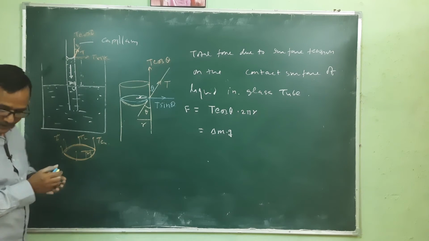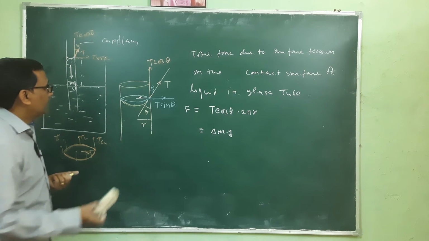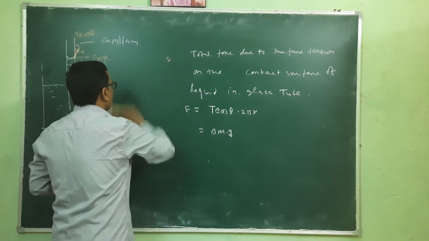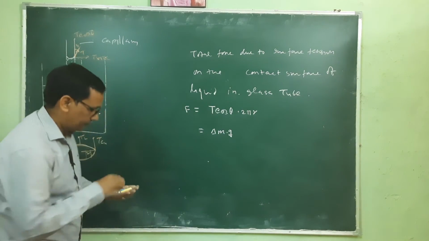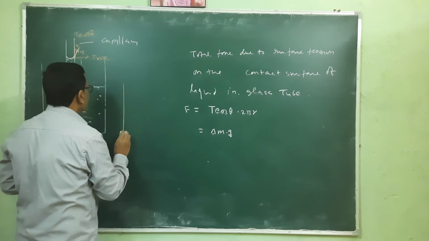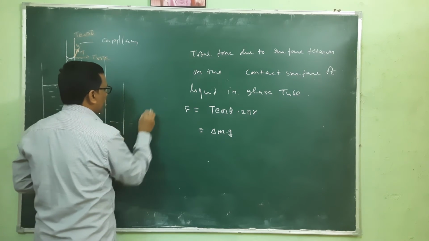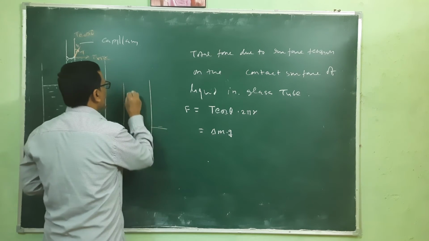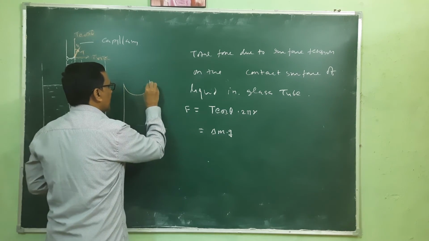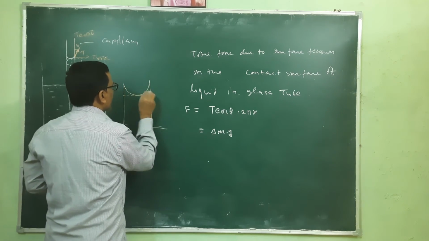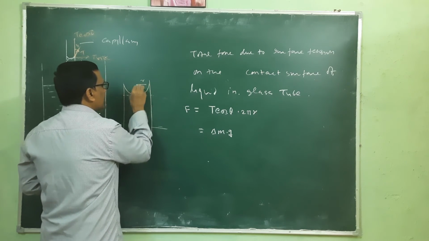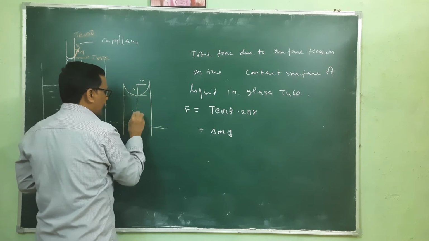The water column is like this. I'm taking it from this level. Here, this is the meniscus. If this is the center, this will be r, obviously, and this is height h.